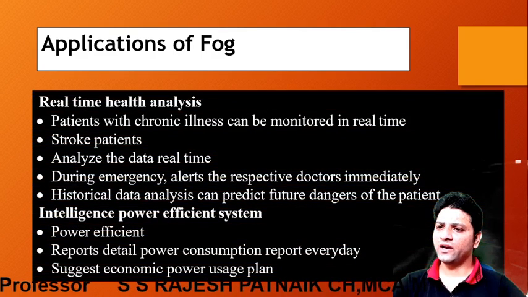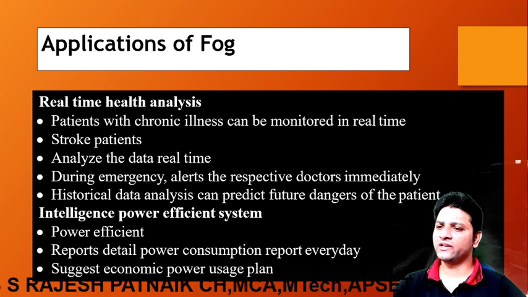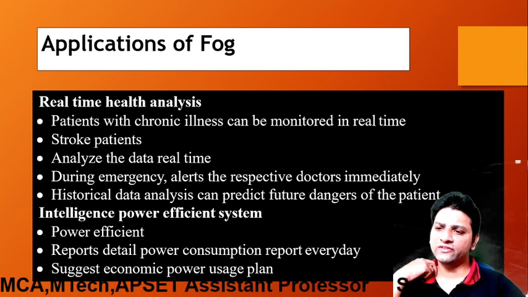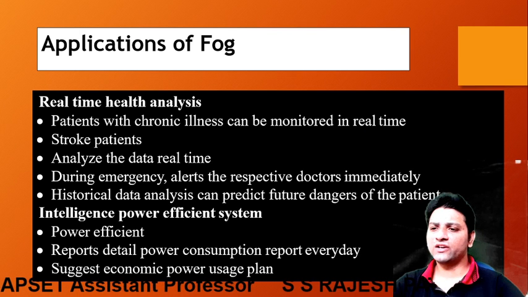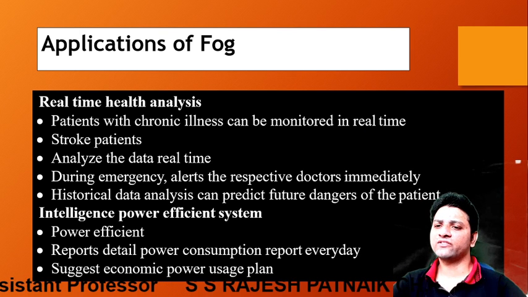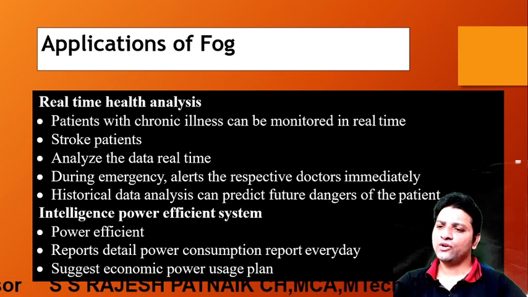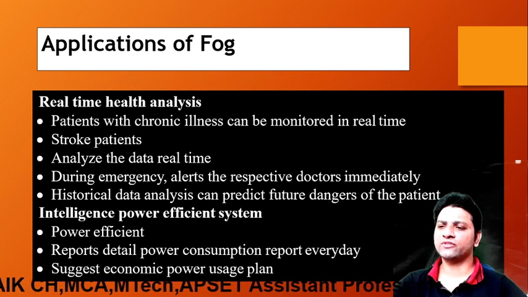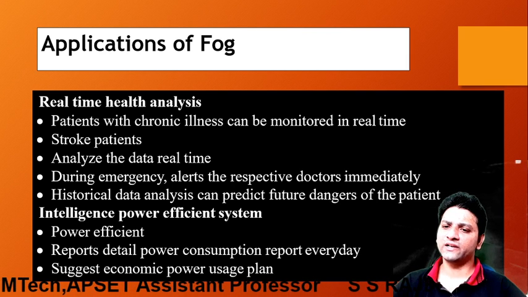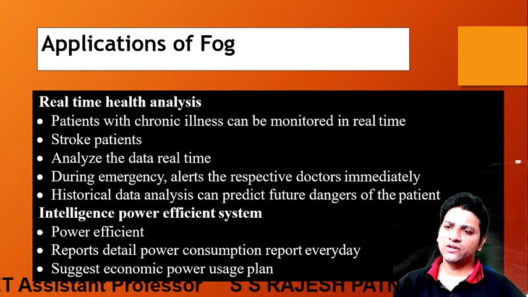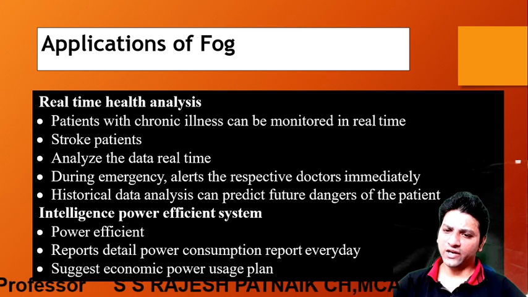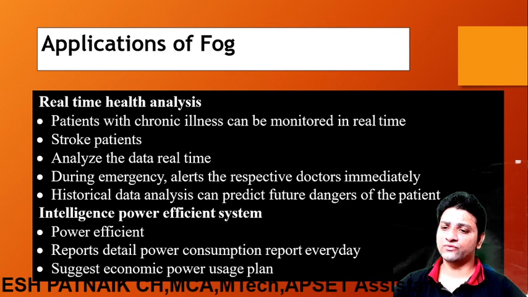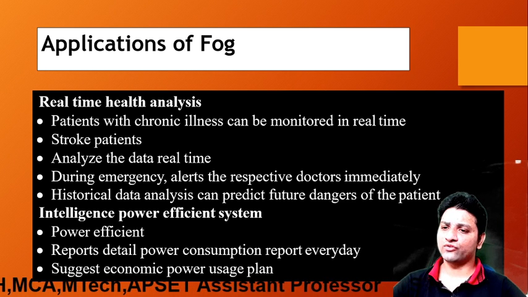And for applications of fog computing, we use fog computing in real-time health analysis. For example, patients with chronic illness can be monitored in real time, and stroke patients' data can be analyzed. I have told you so many times in the classrooms, but I told it regarding the cloud. In the case of IoT devices, nowadays they use fog computing for storing and processing of data.